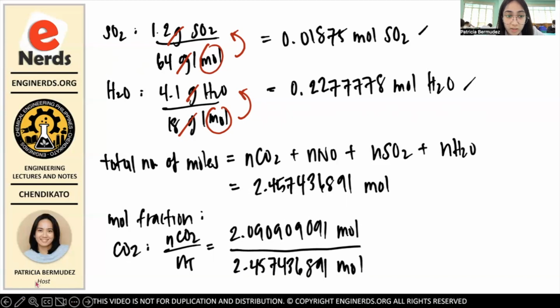And from here, we can see that the mole cancels and our mole fraction is unitless. So we have 0.8508496. And just round it off. Okay, that's our mole fraction for CO2.